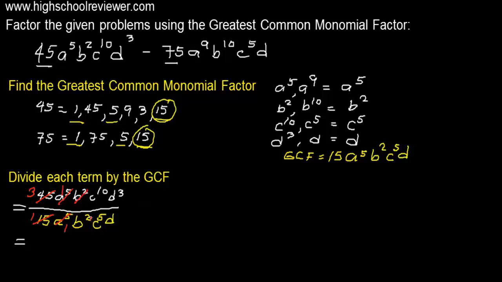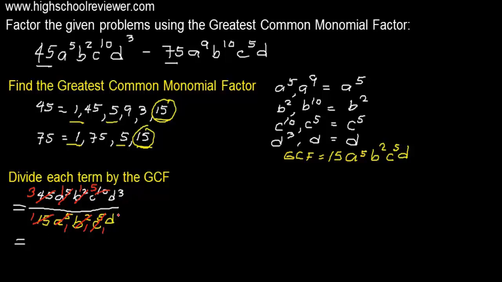B squared divided by b squared is also equal to 1. C raised to 10 all over c raised to 5, we can cancel this out. This will now be equal to 1, and then we subtract the exponents. 10 minus 5 will be equal to 5. So the remaining c here will be c raised to 5.